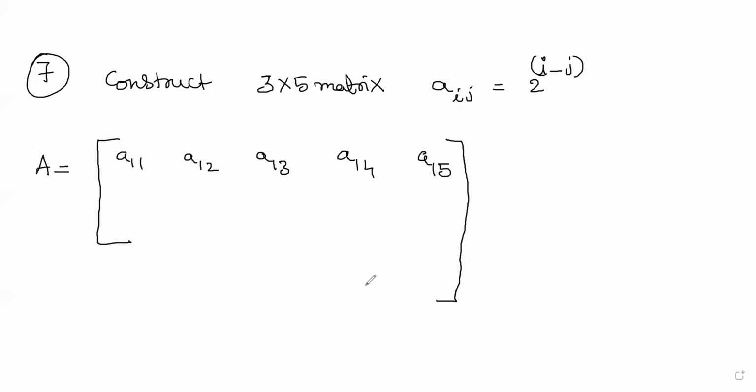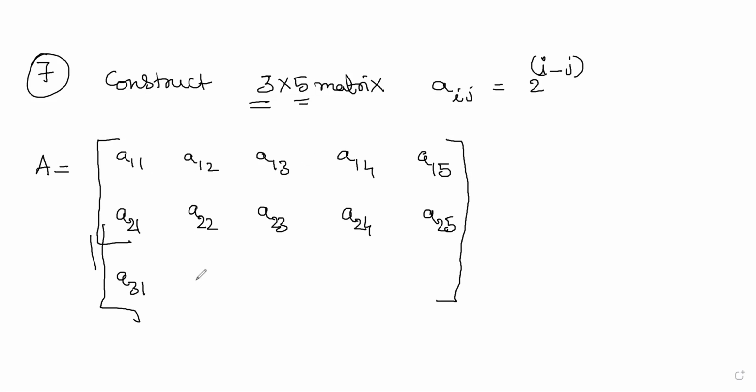Next, A21, A22, A23, A24, A25. Next, A31, because 3 rows are there and 5 columns you have to write. A31, A32, A33, A34, A35. Up to here it will go.